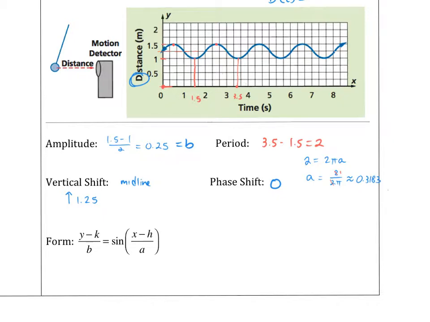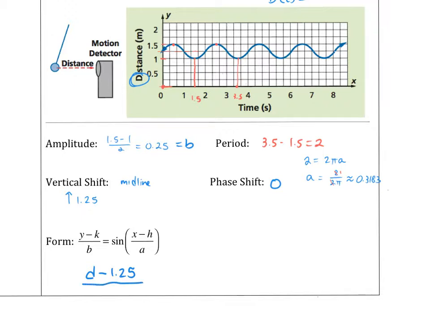All right, so now let's begin to substitute things in, and then we're going to solve for, in our case, the y, but we'll change that to a d. So d for distance minus my k, which we know how much it goes up, is 1.25.